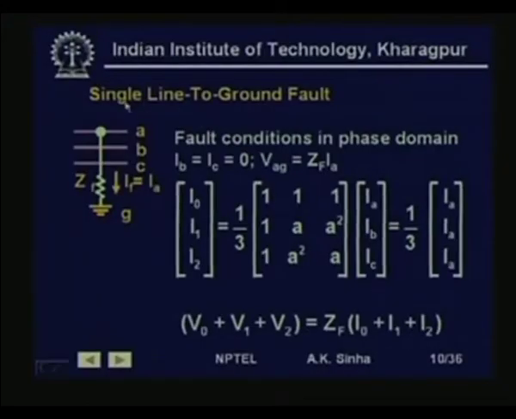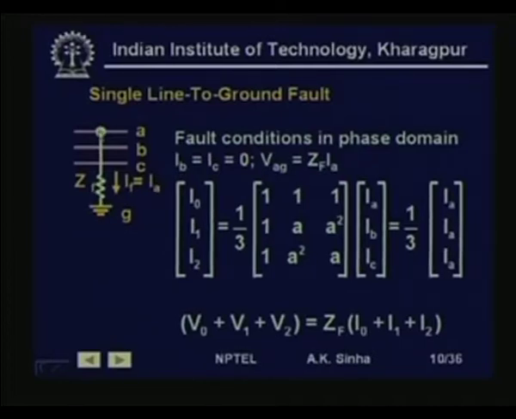Now, I will take up single line to ground fault. Here we are showing three phases A, B and C of it, may be a transmission line, may be terminals of an equipment, may be a bus bar. Here we have shown the fault has occurred on phase A with an impedance ZF to ground.